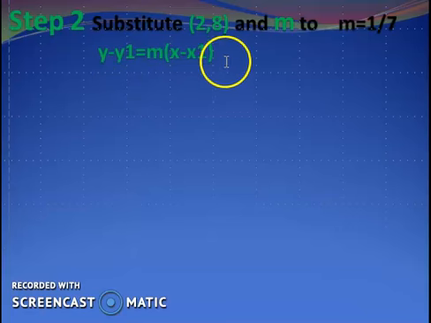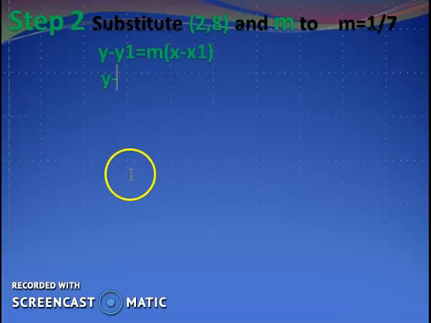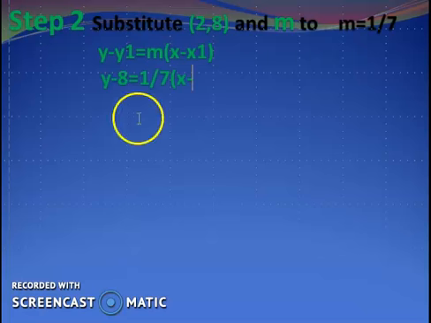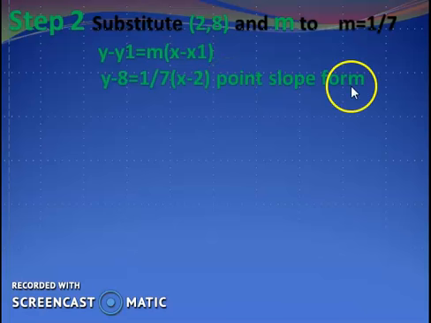So y minus your y sub 1, which is 8, equals your slope, 1 over 7, times the quantity x minus your x coordinate, which is 2. So this is now your point-slope form equation of a line.